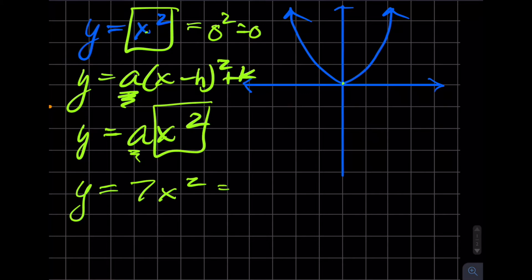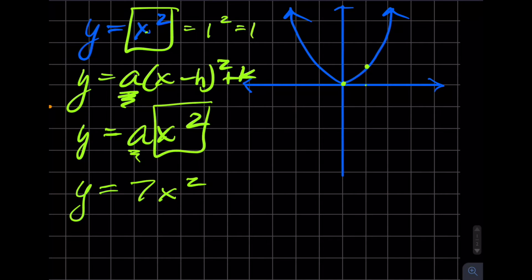In this one, we absolutely get the same thing. 7 times 0 squared equals 7 times 0, which is 0. And so we still get this point right here. But note what happens when I use values other than 0. If I put 1 in here, I get 1 squared, which is 1. So at 1, I get 1.